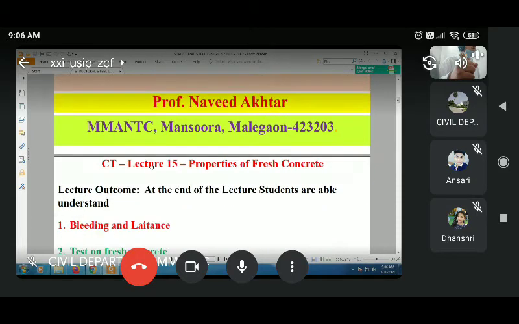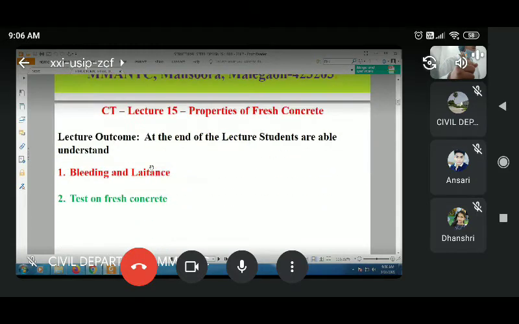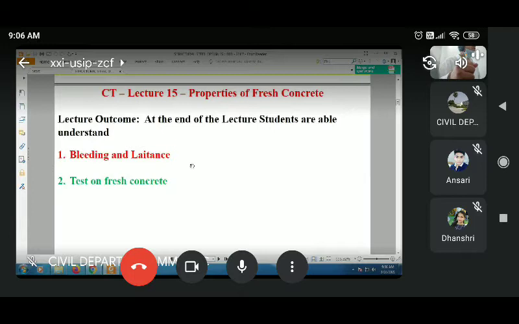Till now we have covered unit number one on the ingredients of cement and their properties such as hydration process, chemical reactions, manufacturing of cement, types and classifications of cements.